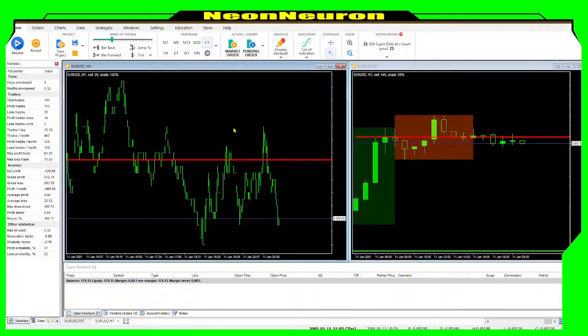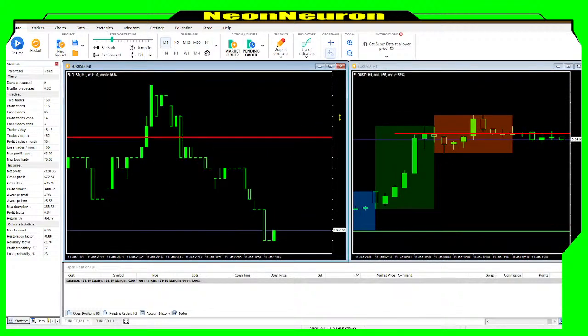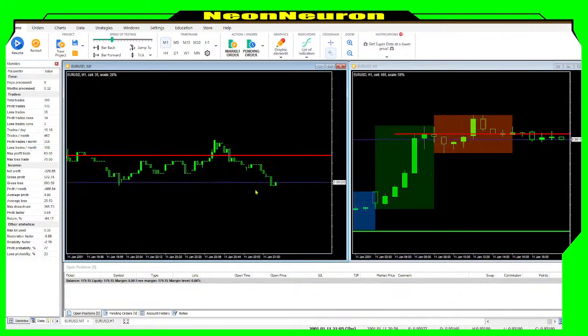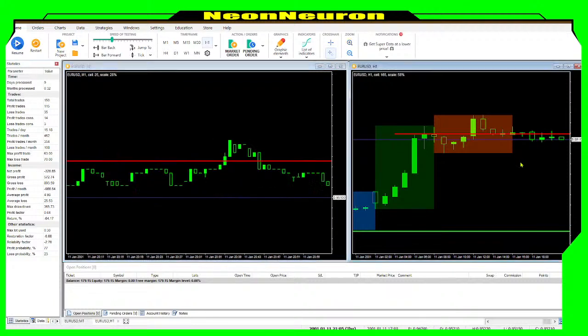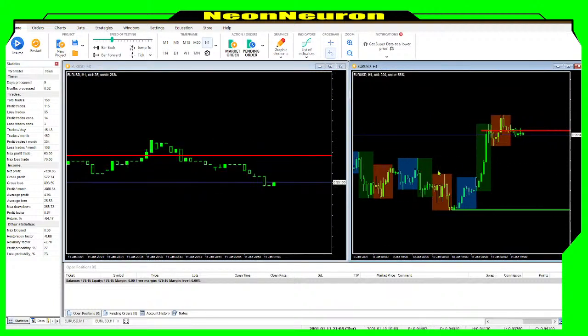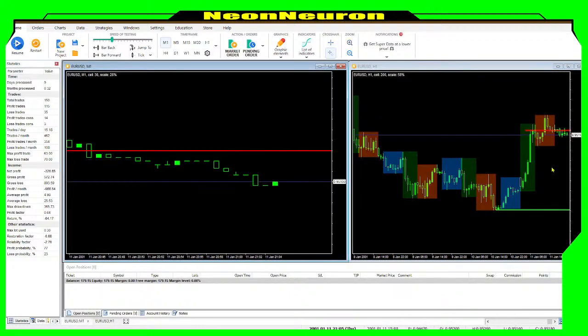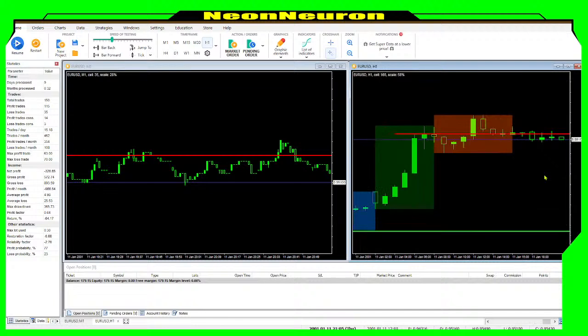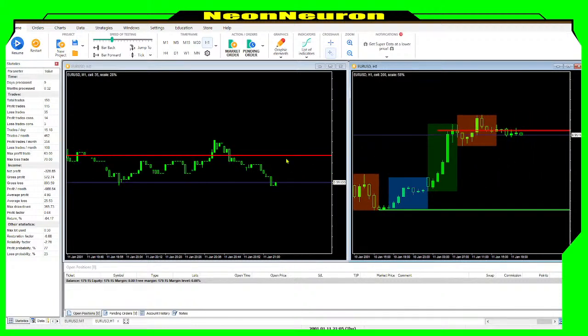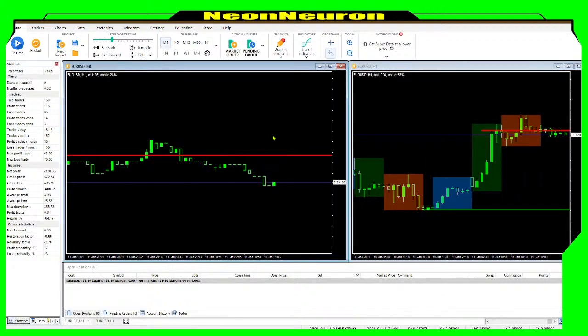If we look over here on the 1 minute chart, yeah, I think this is a good program. It's a little buggy, but it's a lot better than TradingView in terms of being able to operate the way that you normally do, like in MetaTrader.